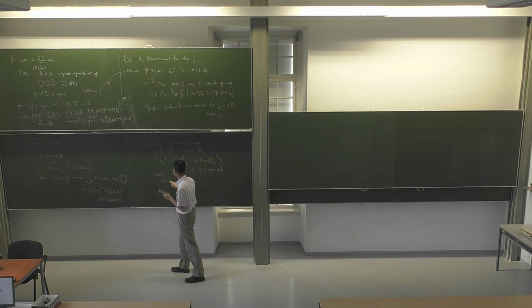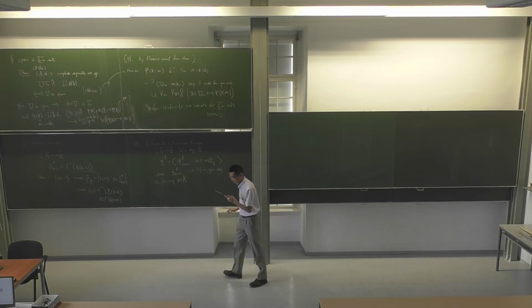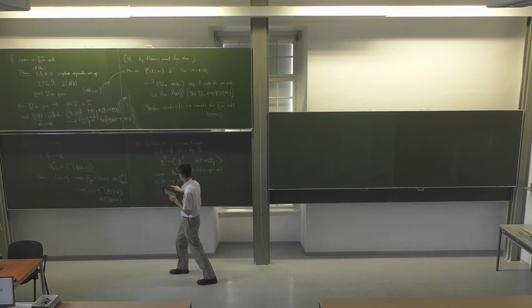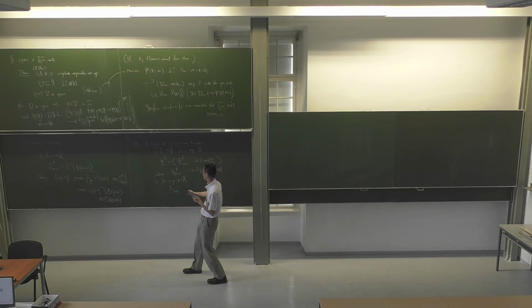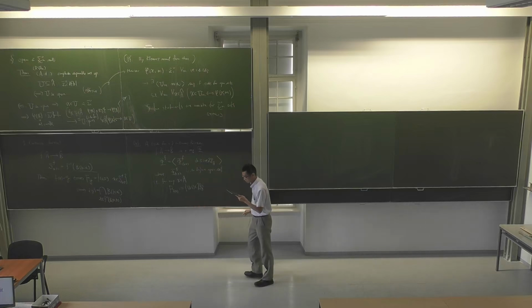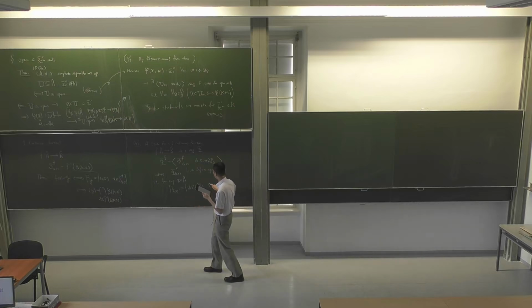So for any point x, let's write f of fx, a new notation, defined by: for any bs in B, bs is a member of phi f bs.